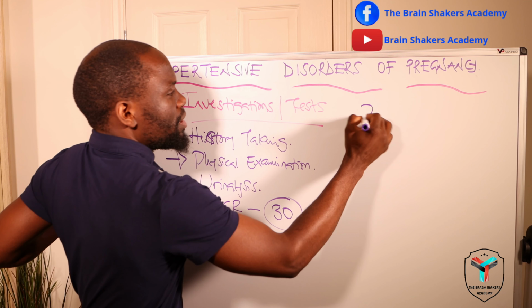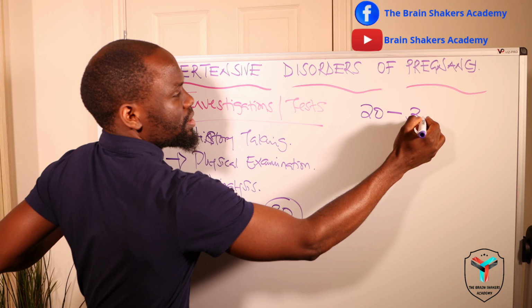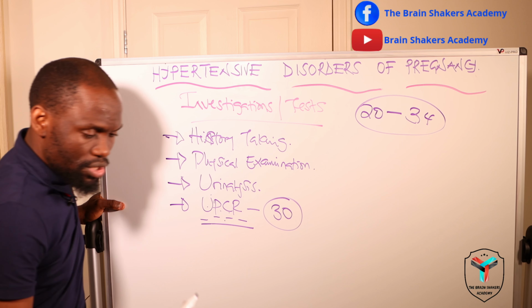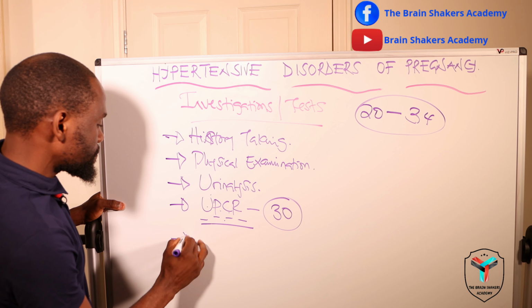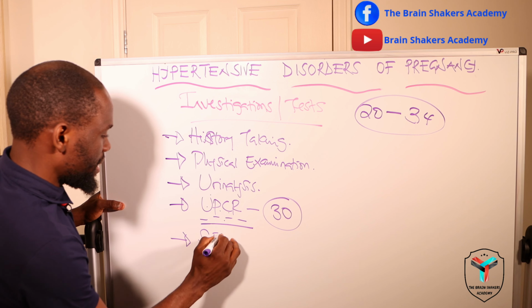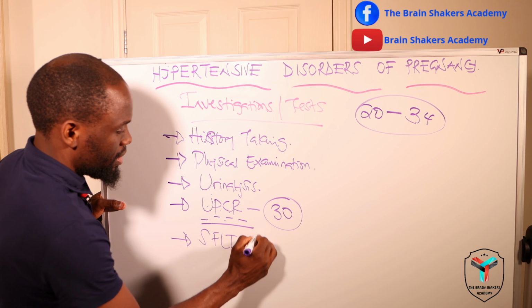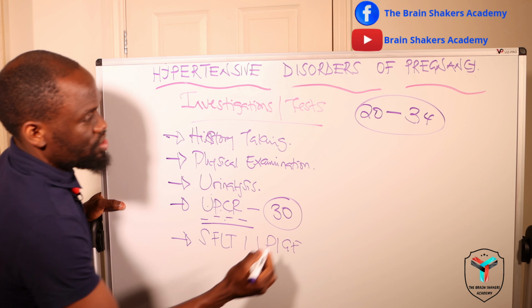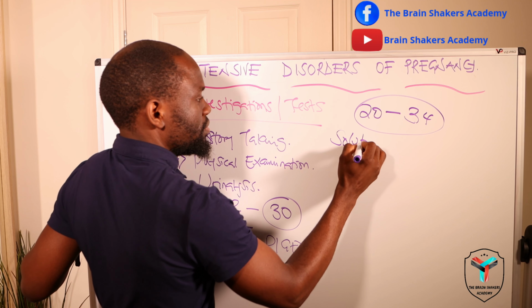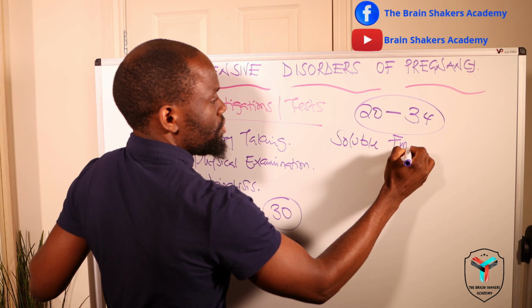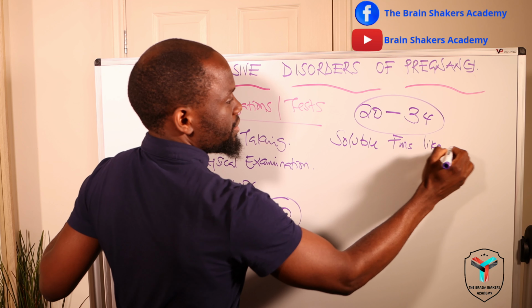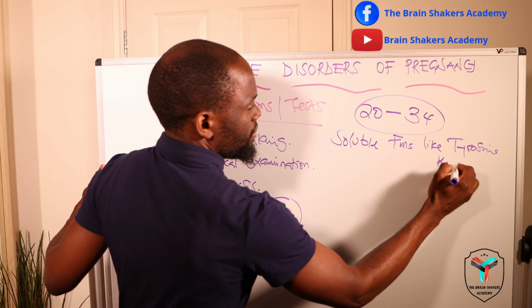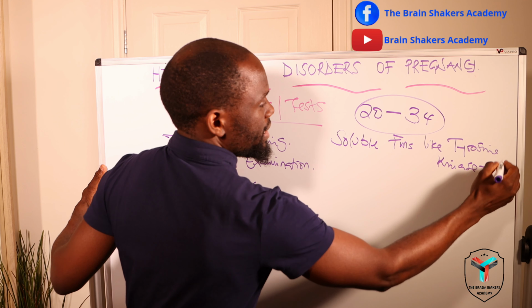Now, around about the 20th week to about 34, less than 35 weeks, somewhere here, you can do another test that we call the SFLT1 and PLGF. So this is just soluble FMS-like tyrosine kinase 1.